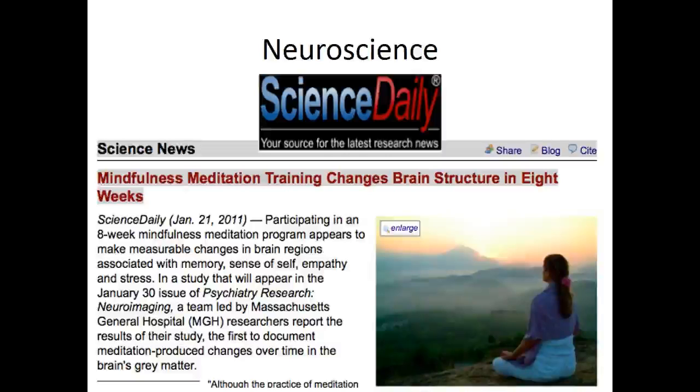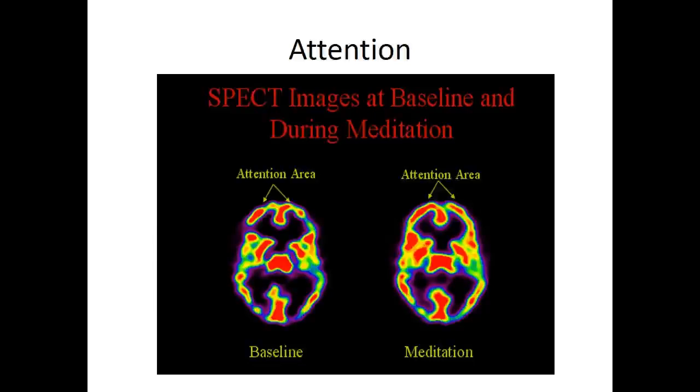So the effects of meditation have been shown to show up in brain scans, functional MRIs, PET scans, in areas of the brain associated with memory, sense of self, empathy, and in other areas where it's been looked at, in the areas of attention and the frontal cortices during meditation, the attentional areas, the executive control areas where the mind actually directs attention and decisions, which show increased blood flow and growth among meditators.